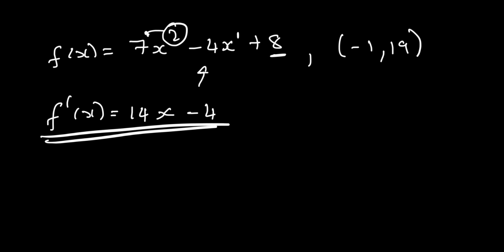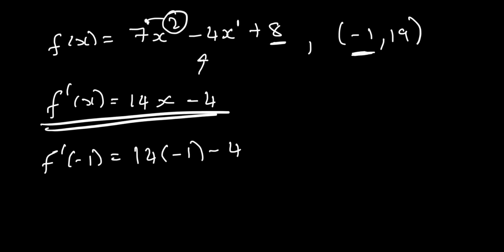But now the question said we must find the gradient at a specific point, the gradient where x is -1. So how can we find the gradient where x is -1? Wherever we see x, we're going to put -1, and then we're going to get the gradient at that specific point.